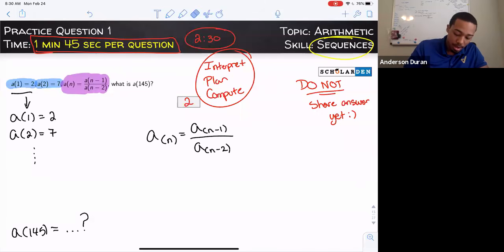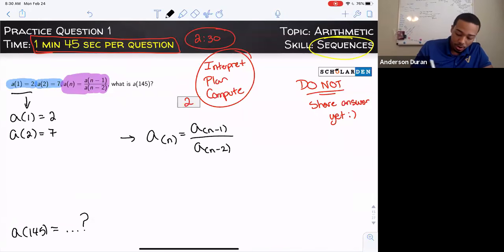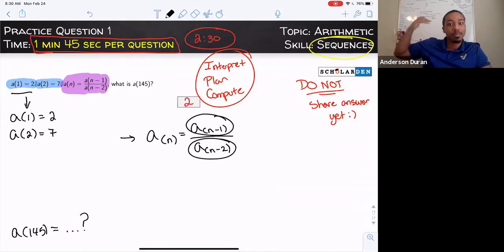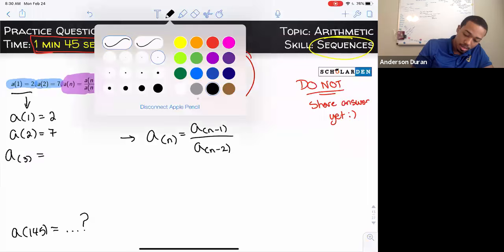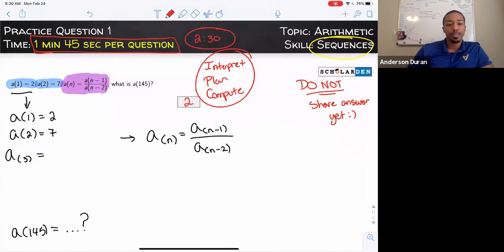So everyone help me out. If the first term is 2, the second term is 7, and the next term is the previous term divided by the second previous term, how are we going to get a of 3? What are we dividing here to get a of 3?